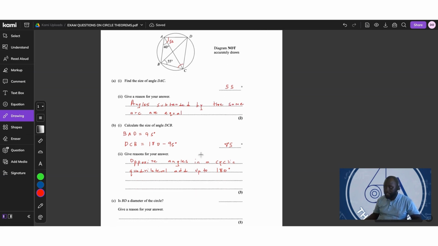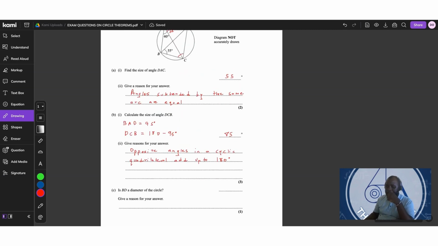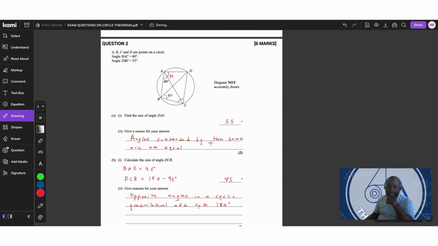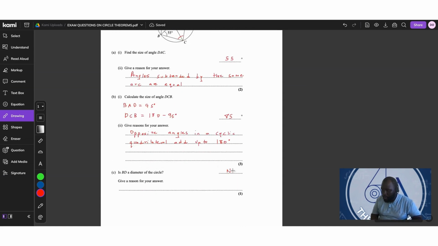Then it asks you a question: is BD a diameter of the circle? The answer is no. And the answer is no, because we know from circle theorems that the diameter will always subtend an angle of 90 degrees.